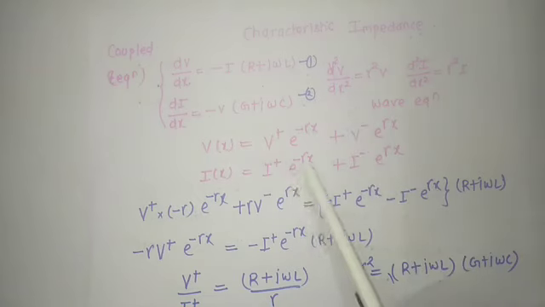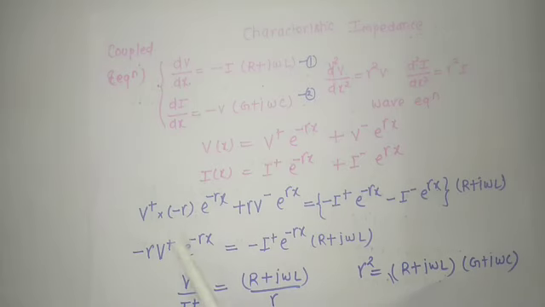So remember that this V plus term is the forward wave, the I plus term is the forward wave. So let's compare the forward wave first, and in the later part of this lecture we will compare the backward wave.